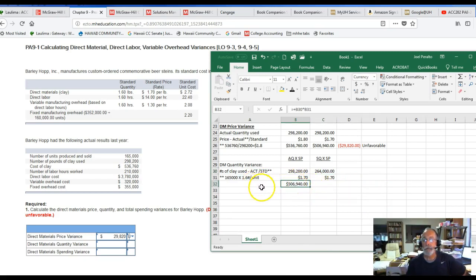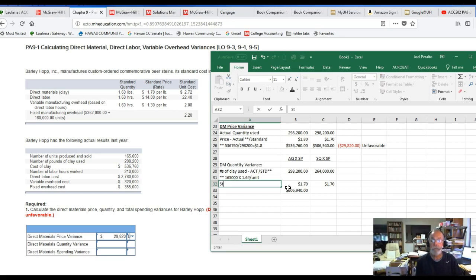So we should move this down so that we can show what this is. This is our standard price per unit. And that's a pound.